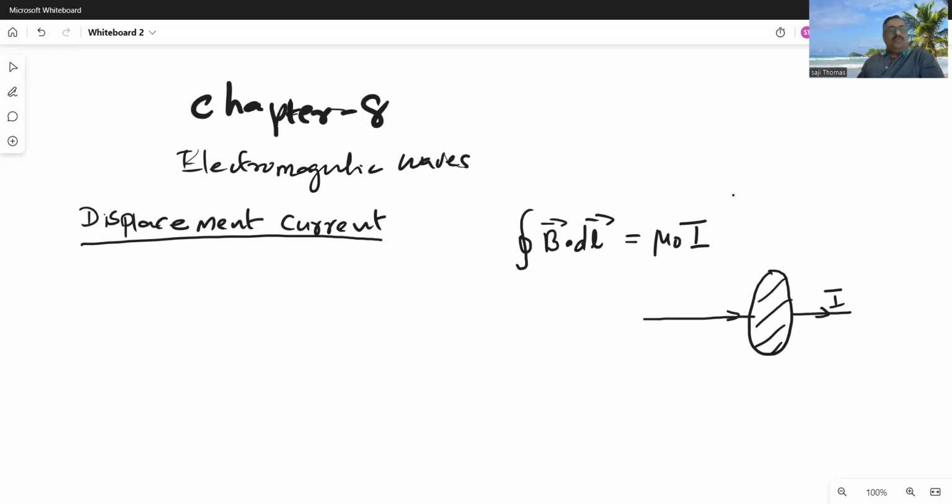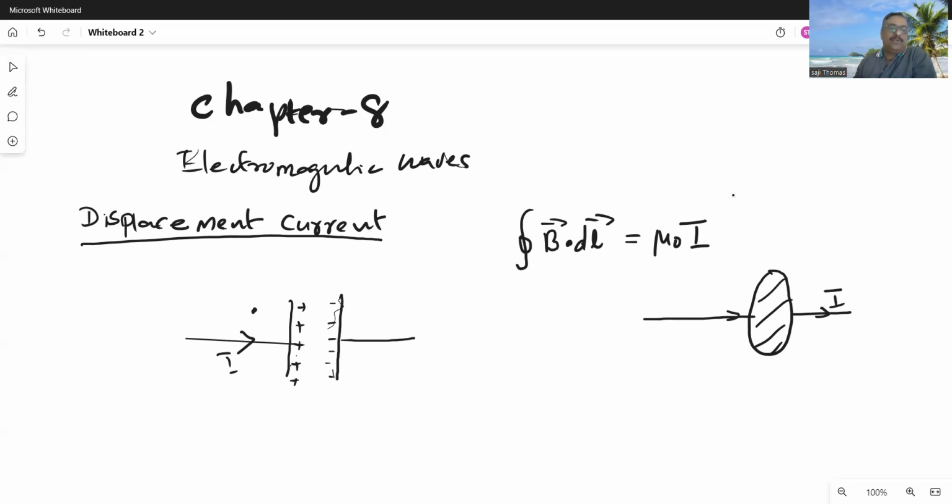Now we consider a parallel plate capacitor. One plate is positive, another plate is negative. Suppose it is connected to a circuit like this, and there is a current I. Now we are going to apply Ampere's circuital law at this point.